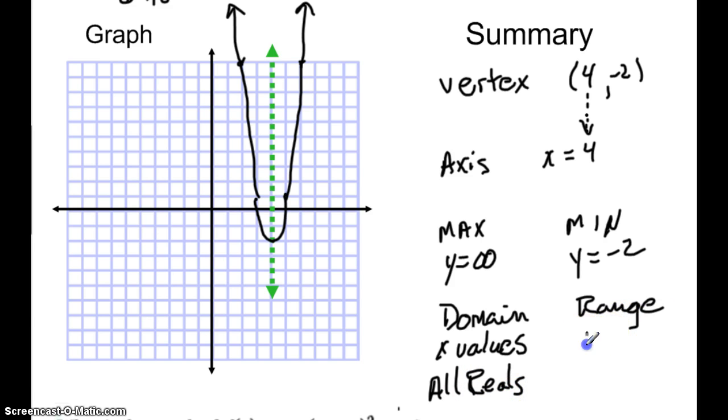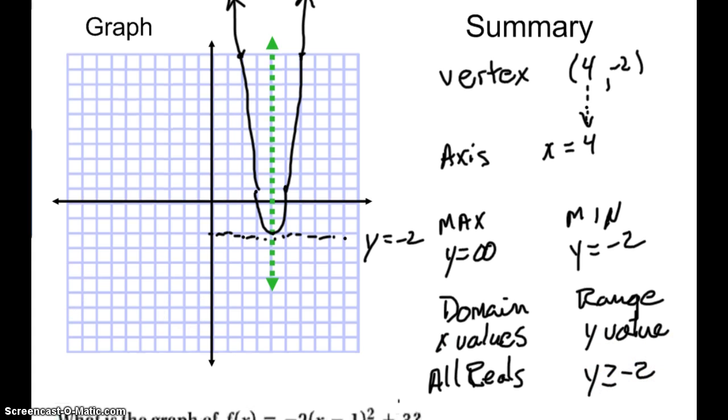The range, however, is our possible y values or our possible y outputs. Now, it does have a limit. You will not see anything below this line right here at y equaling negative 2. So our range is going to be y greater than or equal to negative 2. And that's all they want from the range.